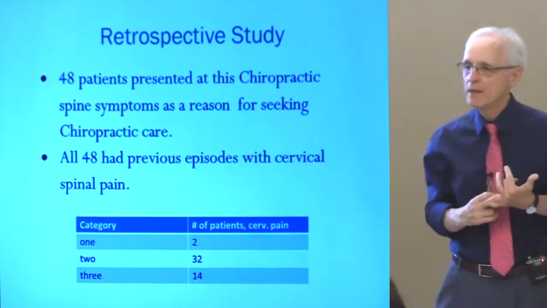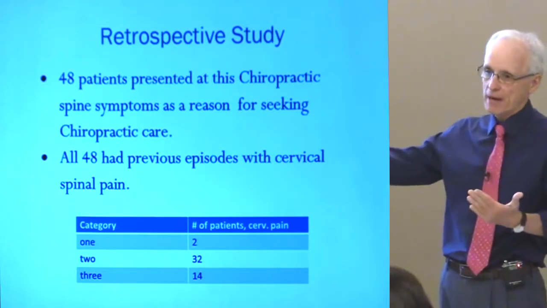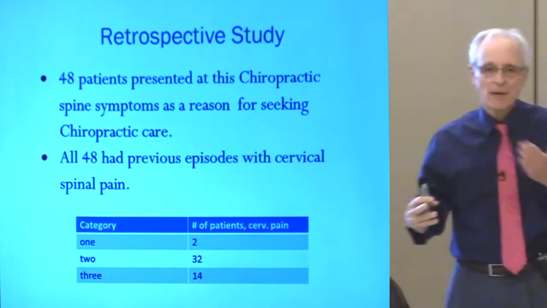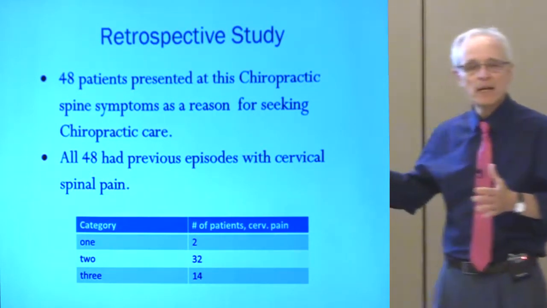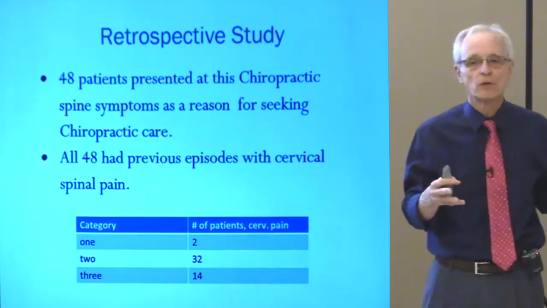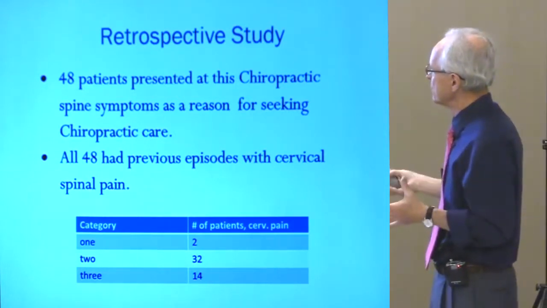All these 48 people had past, chronic histories of neck problems. I didn't want somebody coming in who was in a lot of pain, in cervical and neck spasm. I wanted people to have a history here.